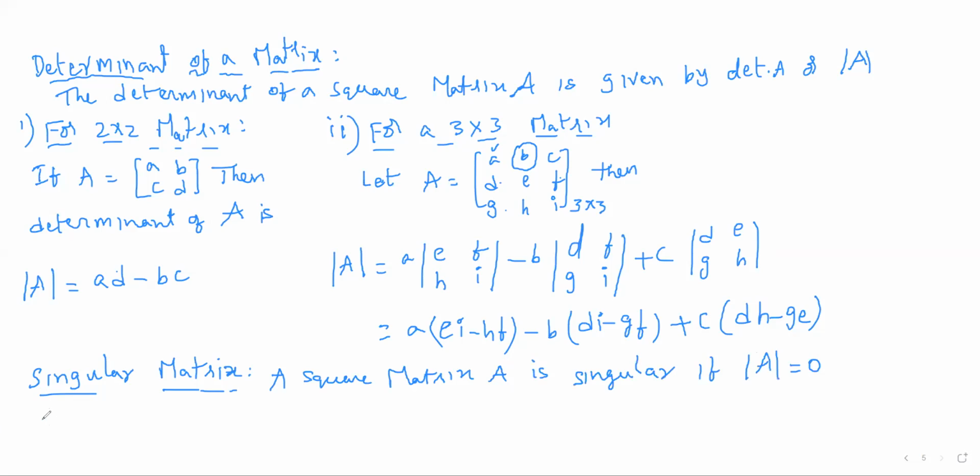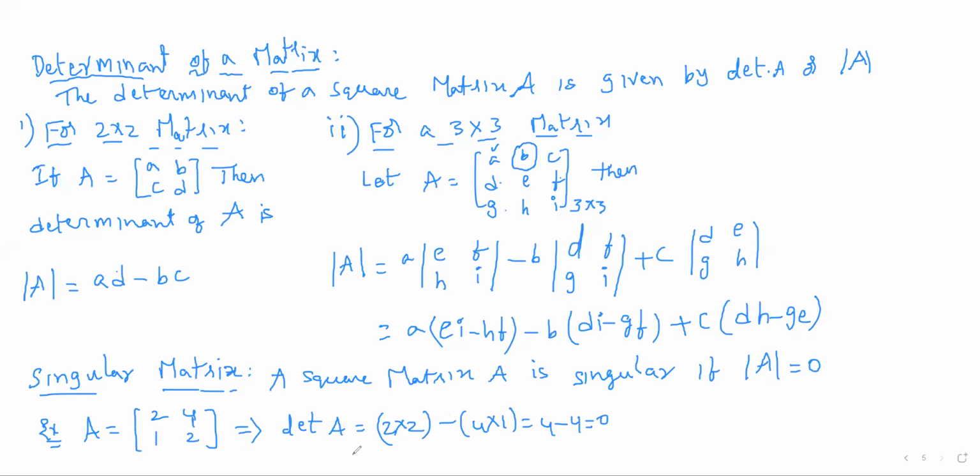For example, consider capital A equal to the matrix with rows 2, 4 and 1, 2. What about its determinant? The determinant of A is ad minus bc: 2 into 2 minus 4 into 1, that is 4 minus 4, which is 0.